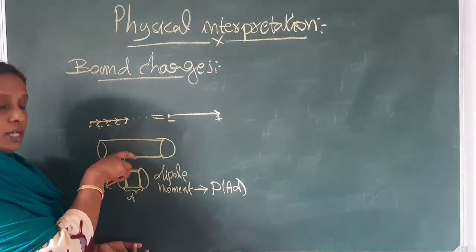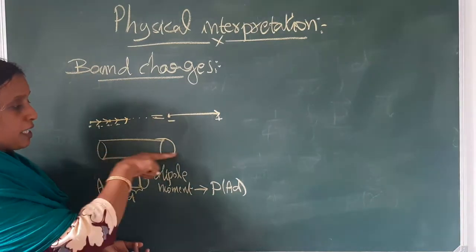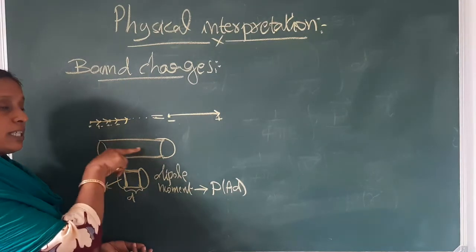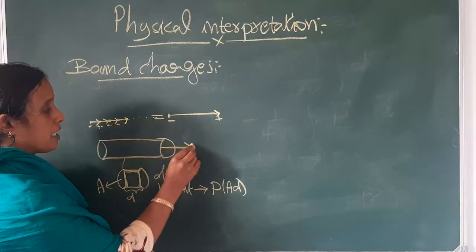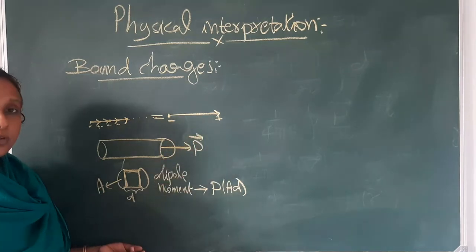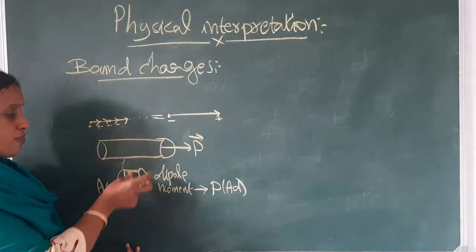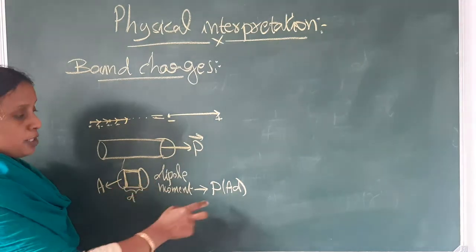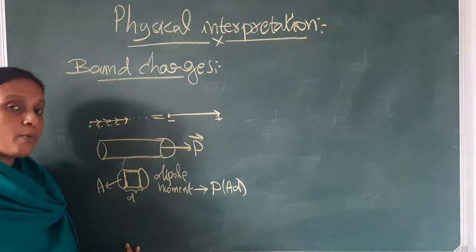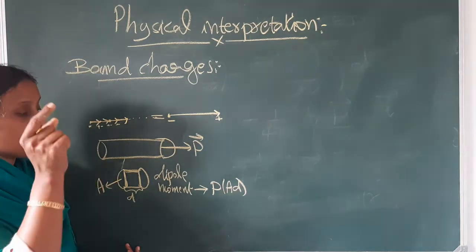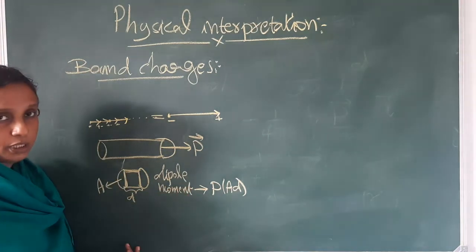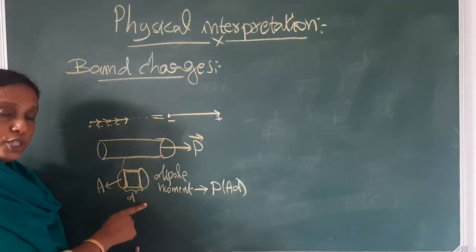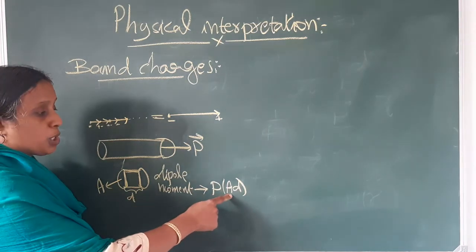Here we assume the tube is along the direction of the polarization. This is the direction of the polarization. So once you cut a small piece from this tube, the dipole moment is given by polarization times volume, because we know that dipole moment per unit volume is called polarization. The volume of this small piece of tube is given by the area of cross section times the length of the tube.